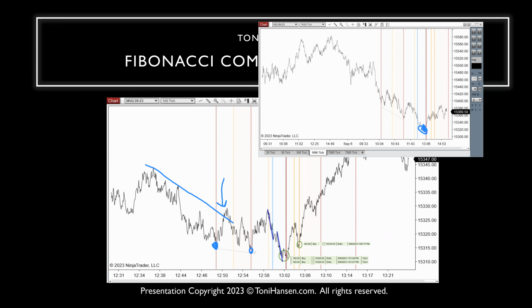We come in, we go into that second low. Now I can do my time extension here to here. So what I'm looking for to reverse is a pivot point that is going to be at or before the 50%. Orange is 50%. Blue is the 61.8%, and the red is the 100%.